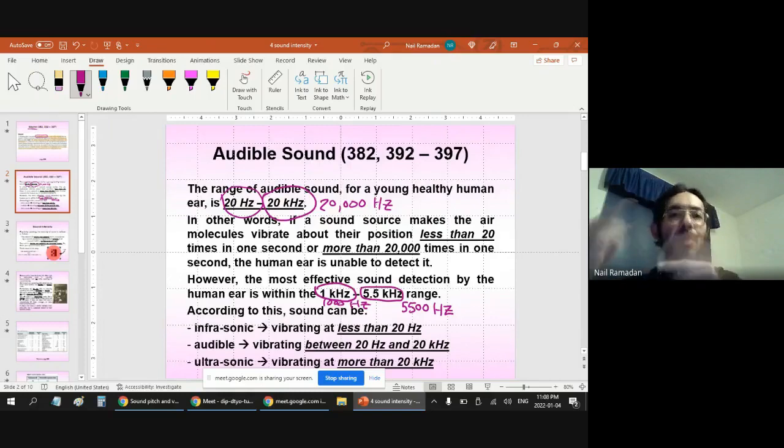So that's why older people hear sounds differently than younger people, because the ear itself changes the rigidity, or basically the elasticity, of its cartilage material, and that's why it becomes more rigid, so it doesn't vibrate as well as it used to for a 20 or 30-year-old.